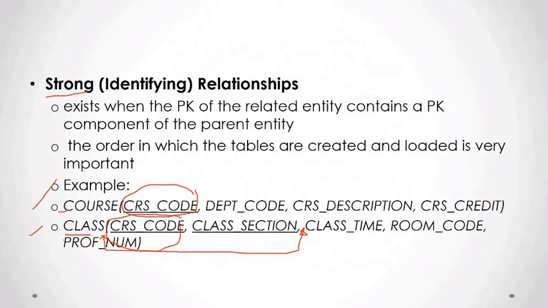So the composite key of the relation class contains course code and class code. So in this situation, the type of relationship that exists between course and class is, okay, strong. Okay, so that's the difference between weak and strong.